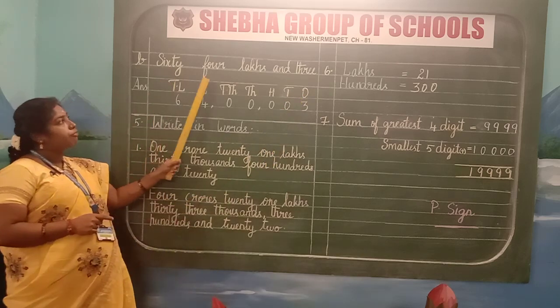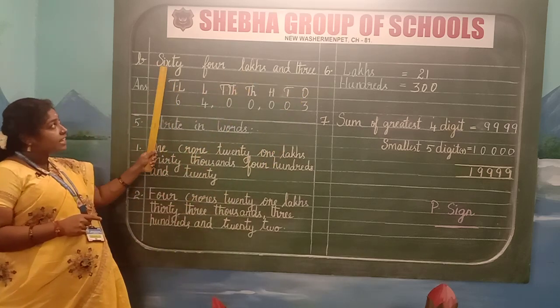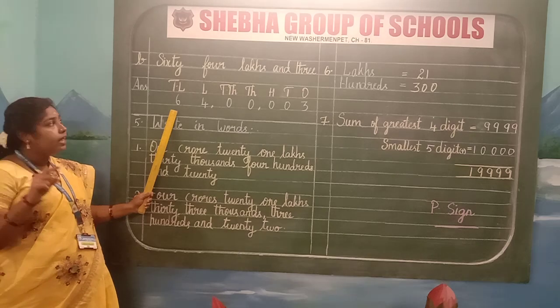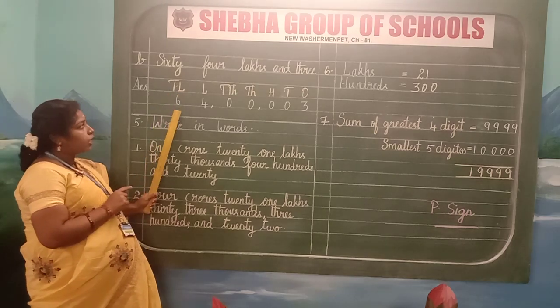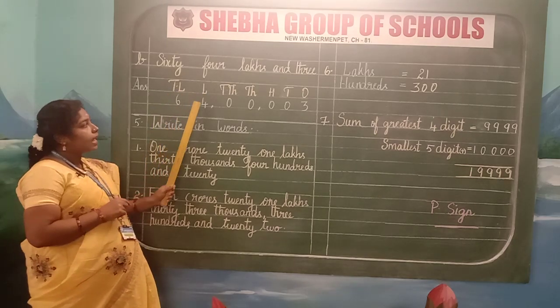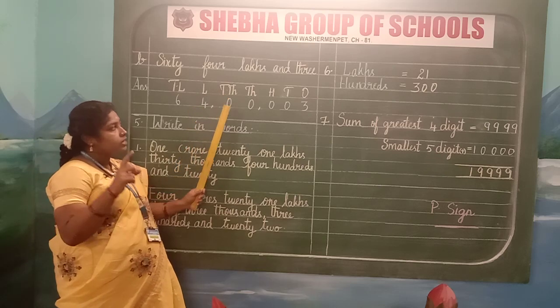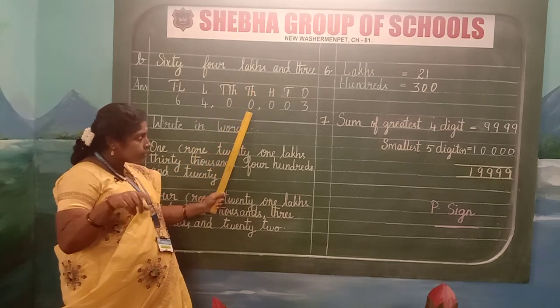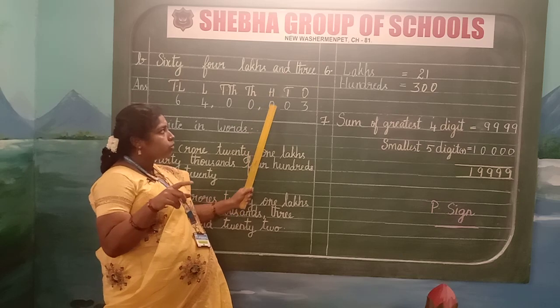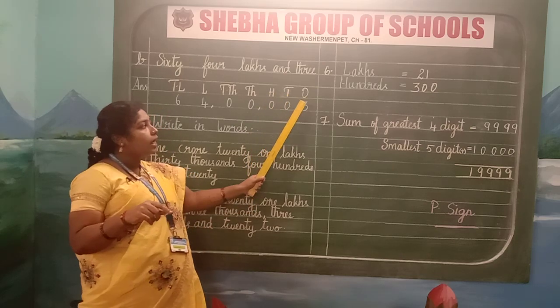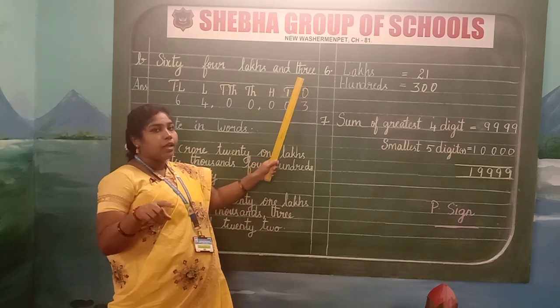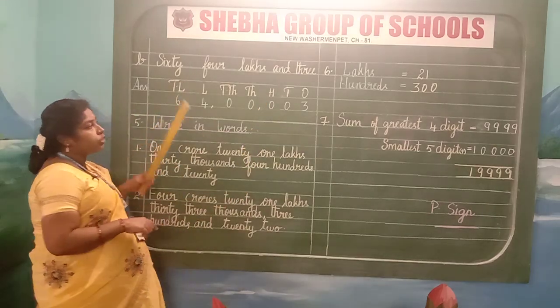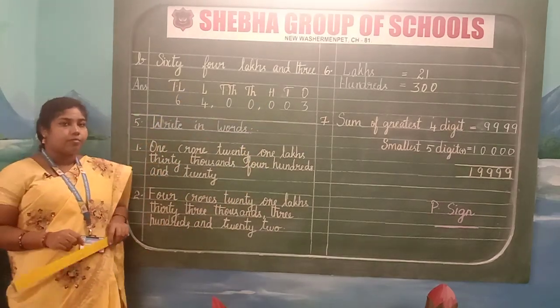So 64 lakhs. So we have to write 6 in the 10 lakhs place value, and in lakhs 4, 10,000 0, thousands 0, hundreds 0, tens 0, and in ones we have to write 3. After writing this, draw a line with your pencil and scale.